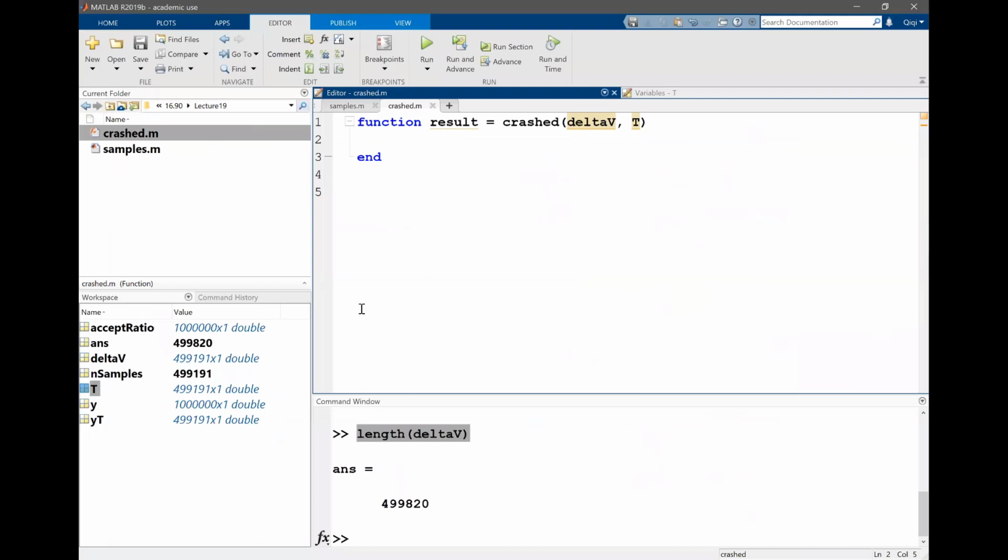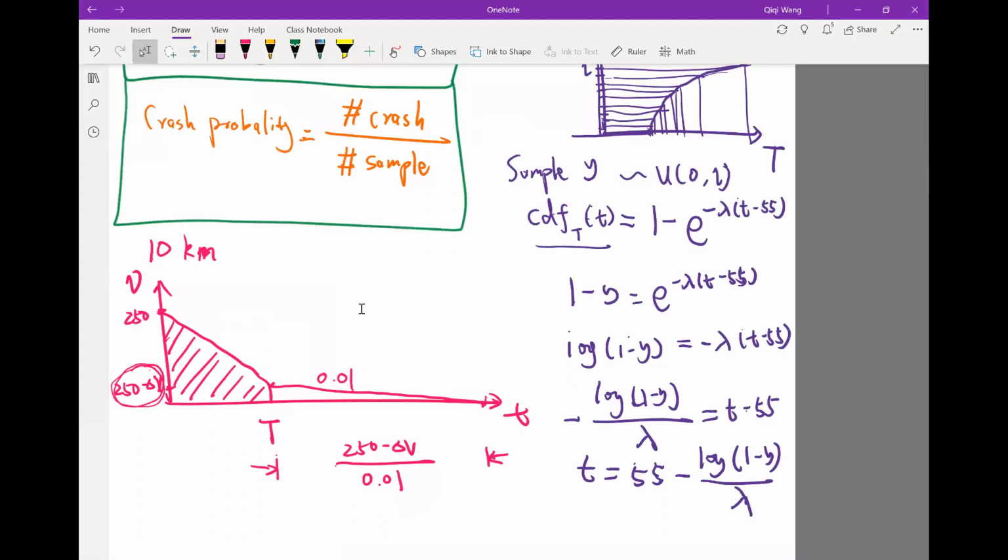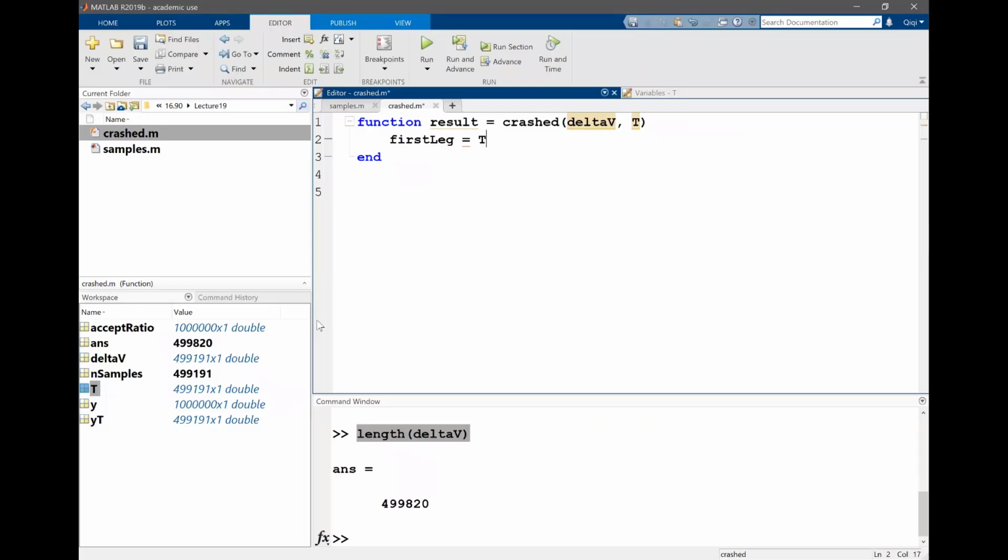So the first leg is going to be equal to the area of the trapezoid, which is T times 250 plus 250 minus delta V, divided by 2.